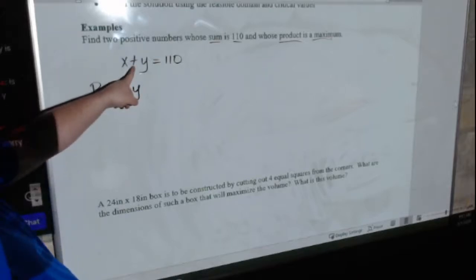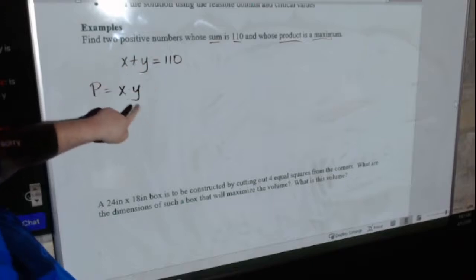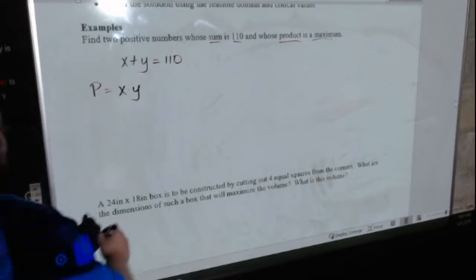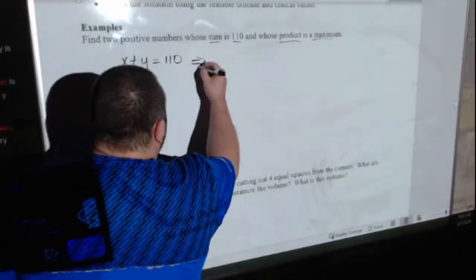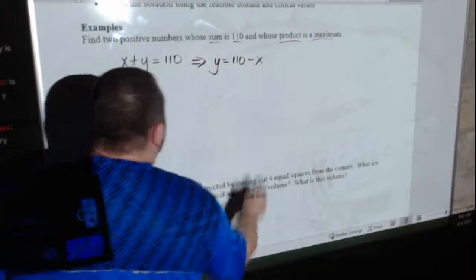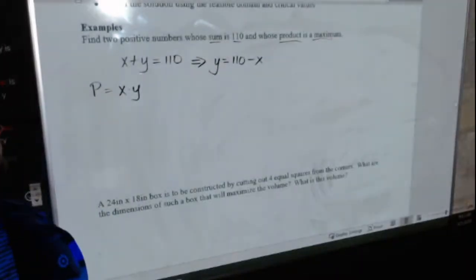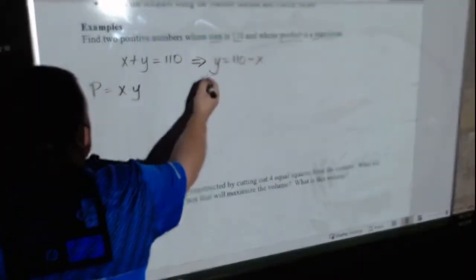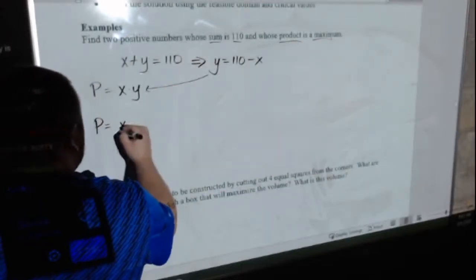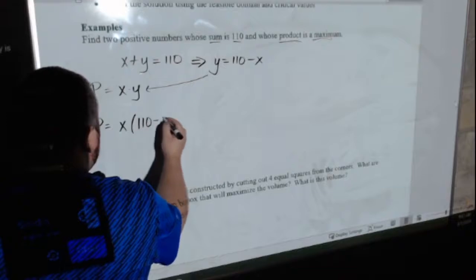So I need to solve for one of the variables here and plug it in down here. Doesn't matter which one. I'm going to solve for y. It's 110 minus x. I'm then going to substitute that in. So p equals x times 110 minus x.